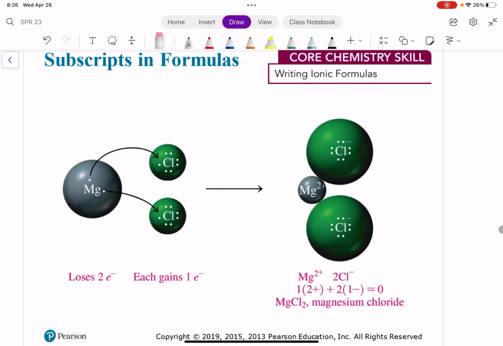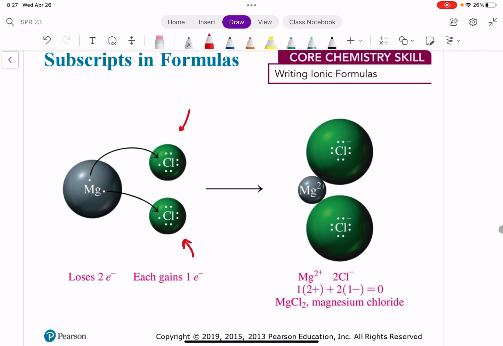So looking here, we have a magnesium. Magnesium's in group 2A, so it's going to lose 2 electrons to become a magnesium ion with a 2+ charge. And if it wants to bond with chlorine, but each chlorine only wants 1 electron, that's okay, because it can bond with 2 chlorines, right?